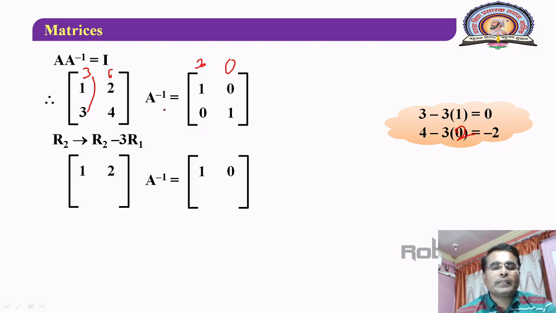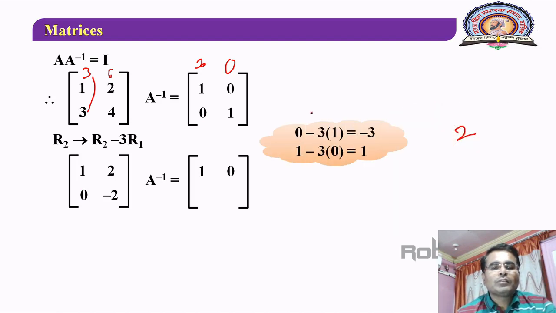So the elements here are 0 and minus 2. Similarly on this side, 0 minus 3 into 1, isn't it? That is minus 3. Similarly 1 minus 0, it is 1, and therefore you will get the elements here minus 3, 1.